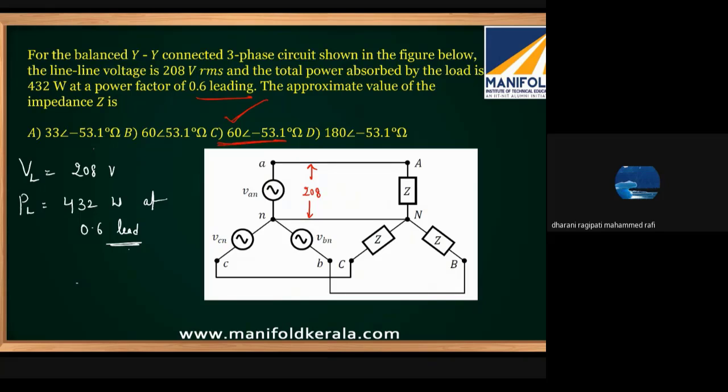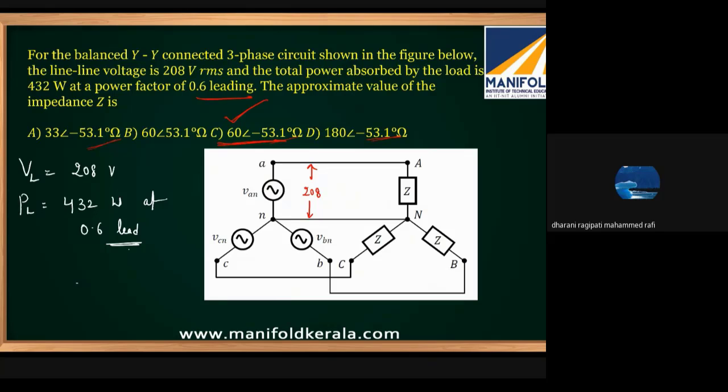Okay. Here, see how he has given the options. All the negative angle values are the same: minus 53.1 degrees in every option. So you only have to compute the magnitude part of the impedance. In order to compute the magnitude, what is the best technique?